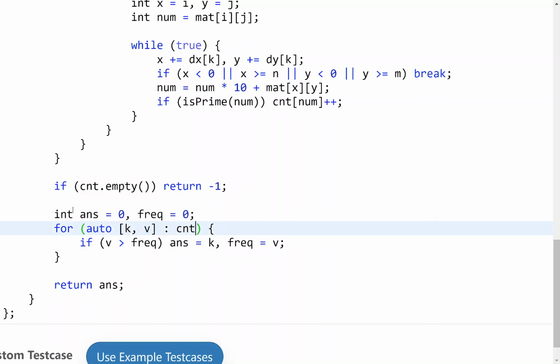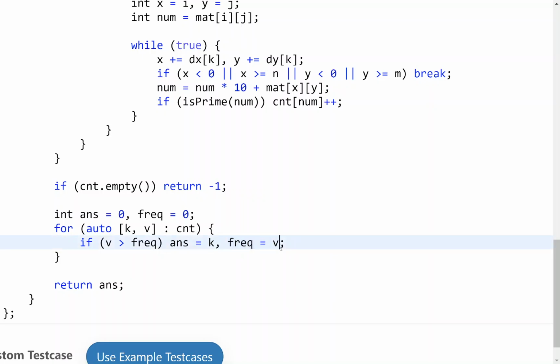I initialize my answer as 0 and frequency as 0. If the frequency of the current prime number is greater than the frequency of the number stored inside answer, then my answer is the current prime number and frequency is v.